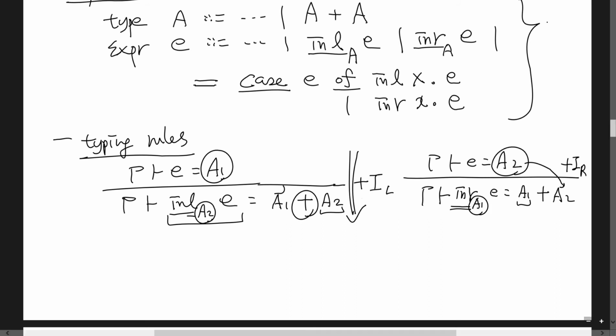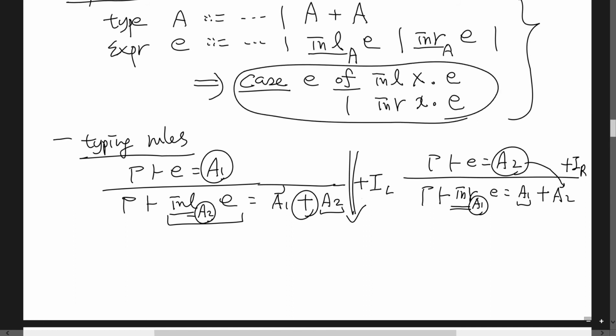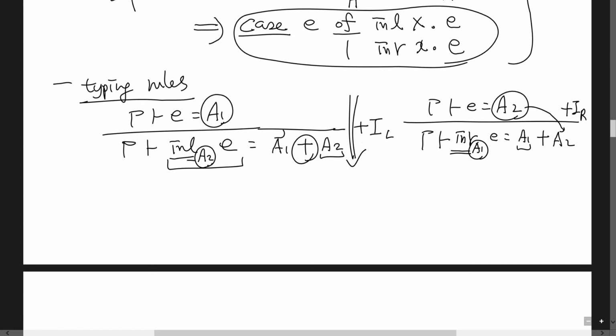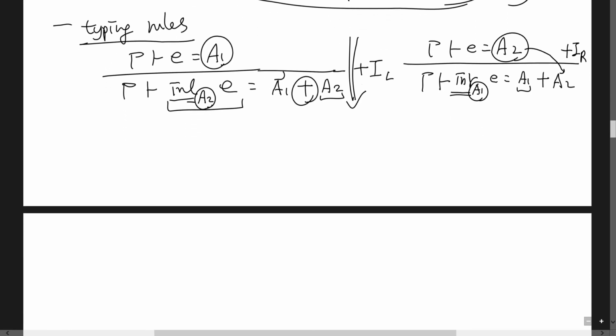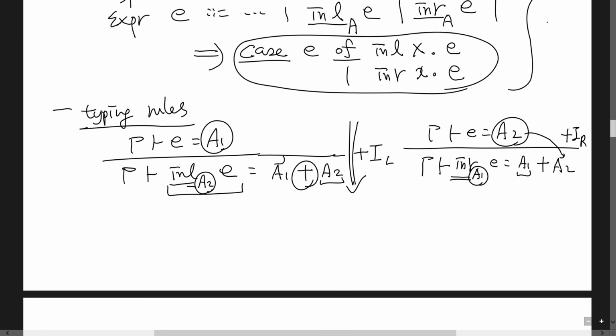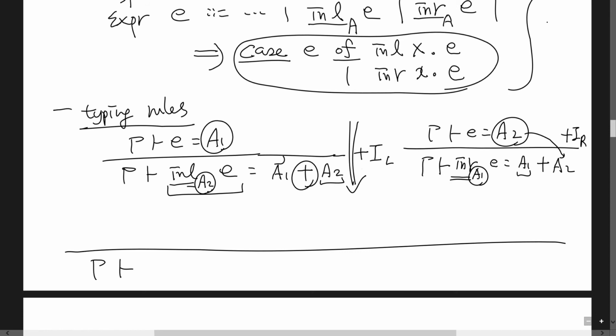Now let's talk about the typing rule for this case expression. We'd like to find out the type of this case expression of E, where this is injection left X1 and E1, or injection right X2 with expression E2.